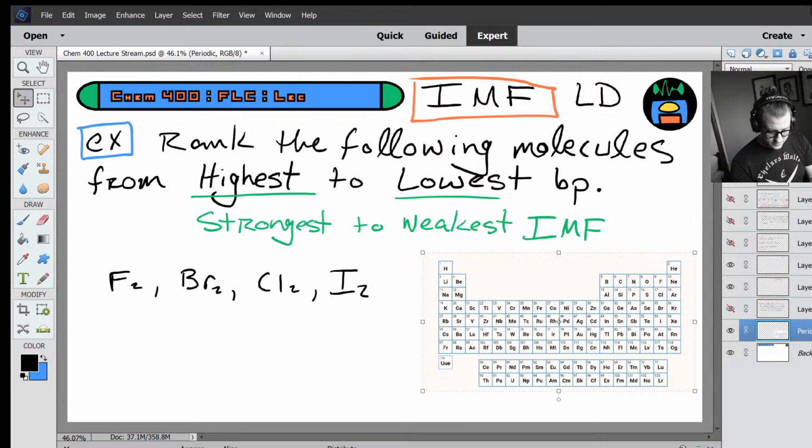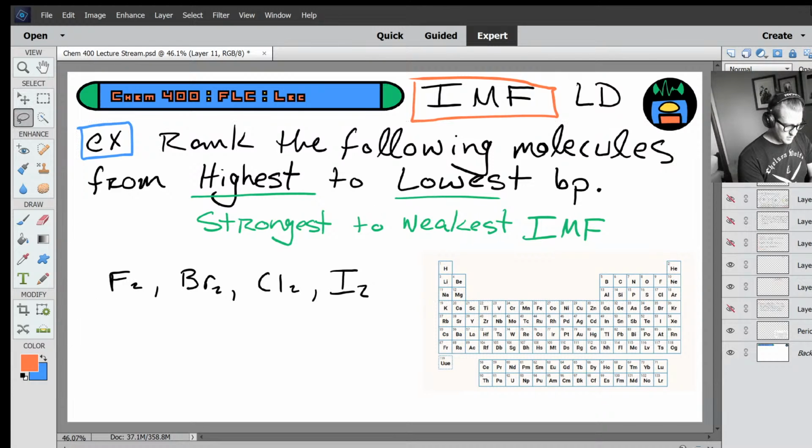And you'll notice here that fluorine is right here, so N equals 2. Bromine is down here, N equals 3.